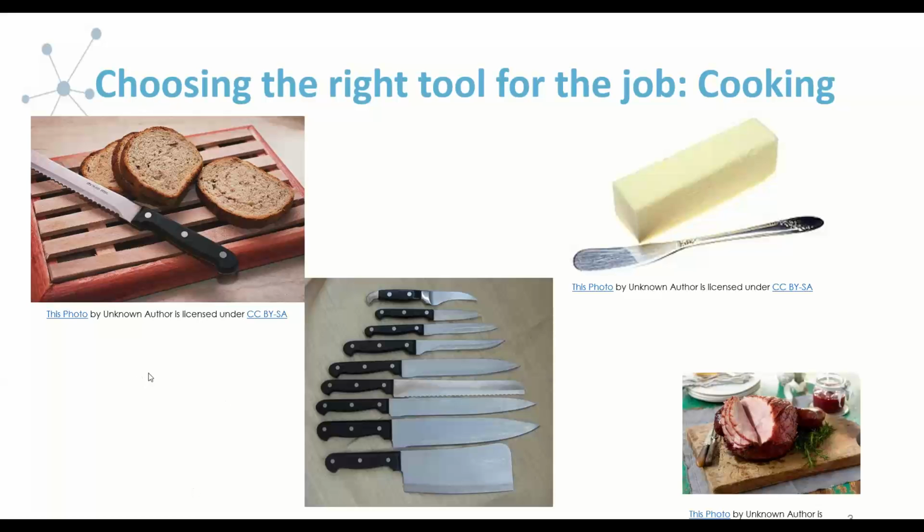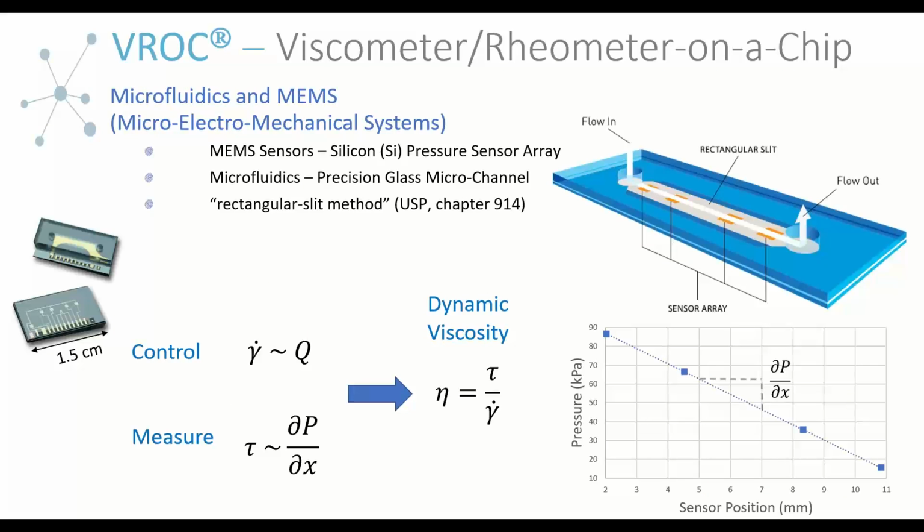I'll begin by talking about our specific instrumentation, the VROC technology, Viscometer-Rheometer-on-a-Chip, which is a microfluidic platform that uses MIM sensors, where we flow fluid through our rectangular slit channel, and that fluid then compresses capacitors or pressure sensors, which correlate to a pressure drop as the fluid passes through the microfluidic chip.